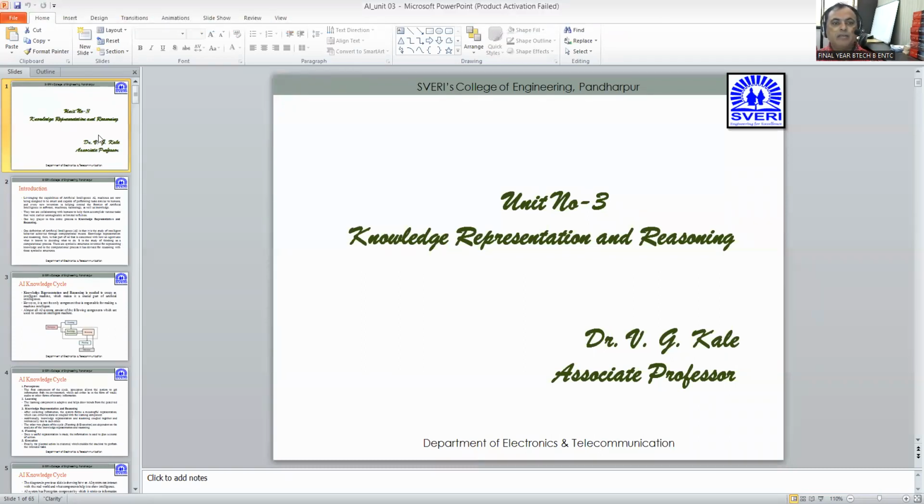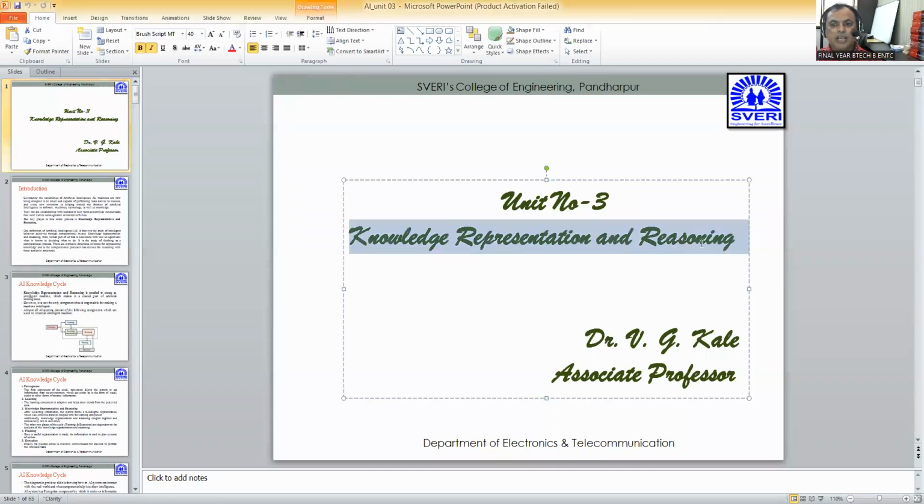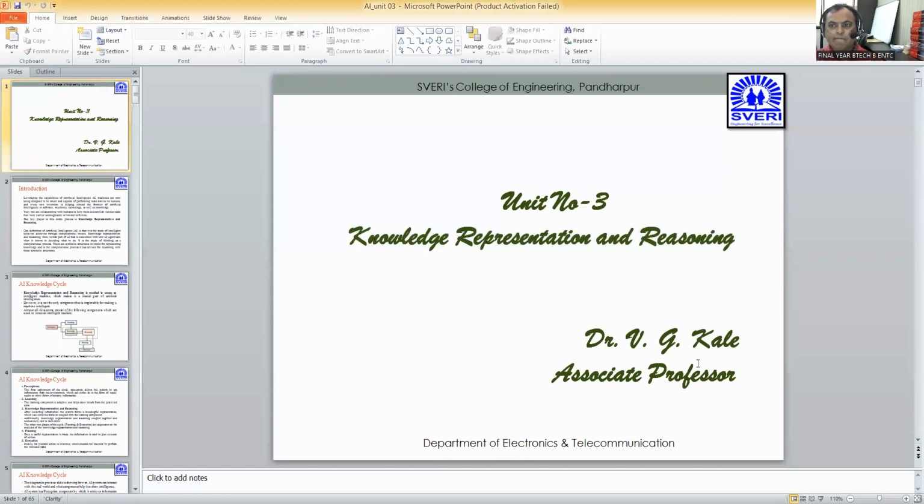So actually we are moving to unit number 3, which is nothing but knowledge, representation, and reasoning. In interviews, what companies check is your reasoning, logical reasoning ability. So reasoning plays a very important role as far as your understanding is concerned.